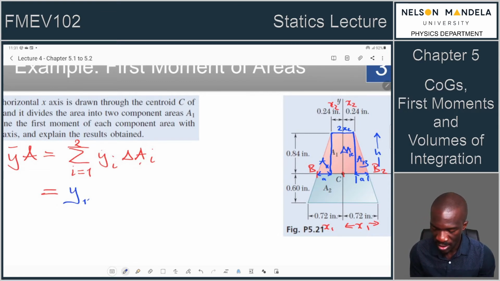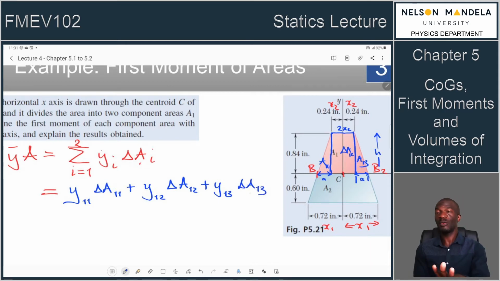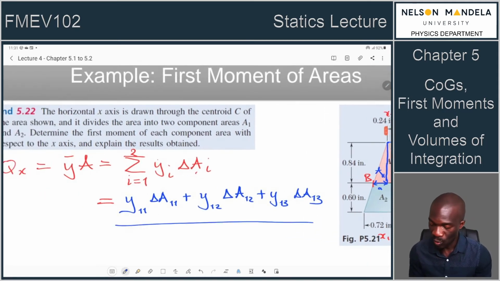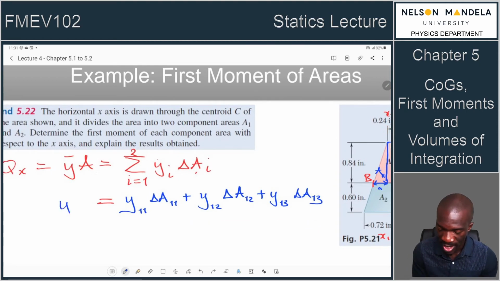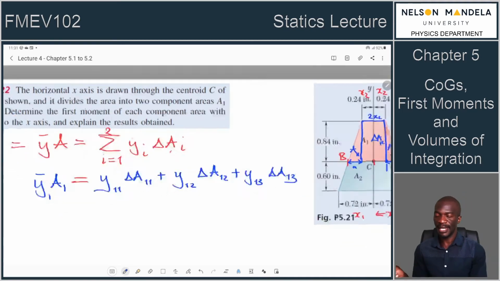It will be y11 delta A11 plus y12 delta A12 plus y13 delta A13. Remember, we are just looking at area 1. So this would be y bar for area 1.